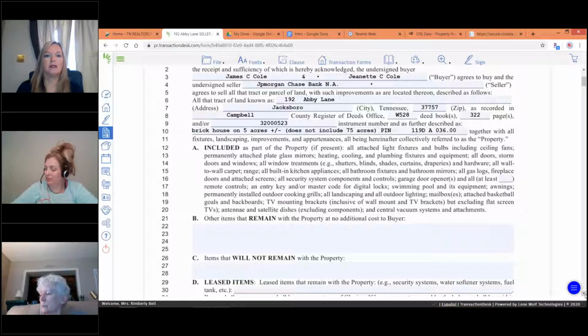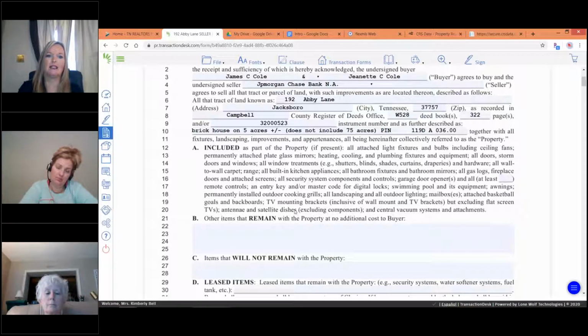All security systems, components, controls, garage door openers, remote control, key entry, master codes for digital locks. Okay, I'm sorry, I went backwards. All outdoor lighting, mailboxes, attached basketball goals and backboards, TV mounting brackets, inclusive of wall mounts and TV brackets, but not including the flat screen TV.